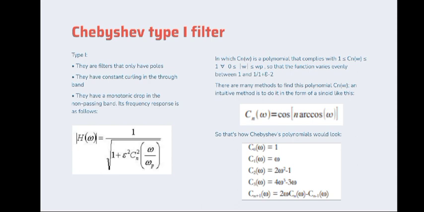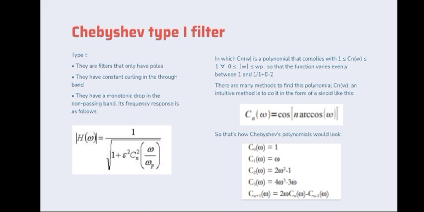The polynomial is between minus 1 and 1 for a frequency between 0 and the cutoff frequency in the passband, so that the transfer function oscillates evenly between 1 and 1 over the square root of 1 plus epsilon squared.